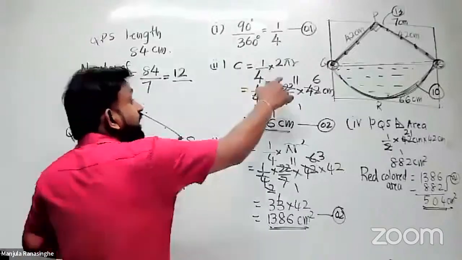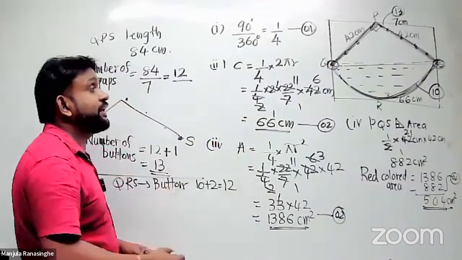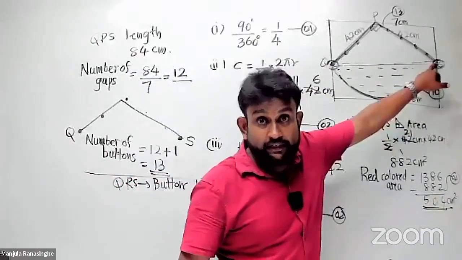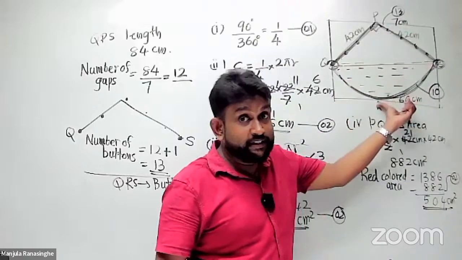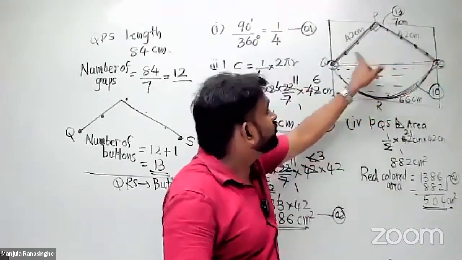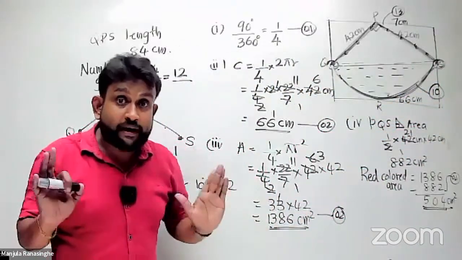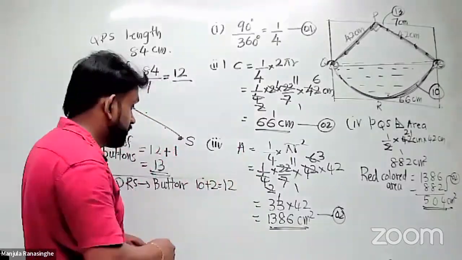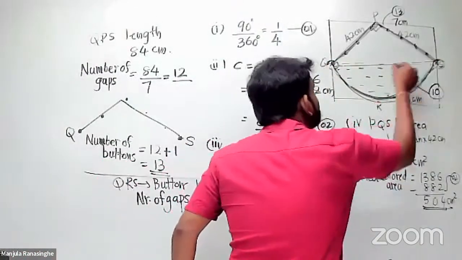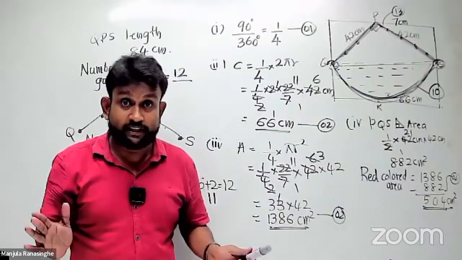Starting from Q and ending with S, we have 10 plus those 2 terminals, so 12 buttons there. After 13 went to the other part, the remaining was taken as 10, but the two end buttons were already counted in that part, so from Q to S there are 12 buttons in total. 12 buttons means how many gaps? Number of gaps is one less, so 11 gaps.